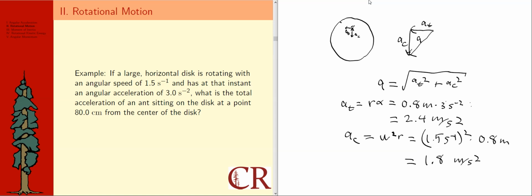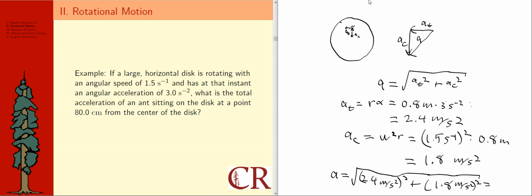And then based on this formula, the total acceleration will be the square root of 2.4 meters per second squared, squared, plus 1.8 meters per second squared, squared.